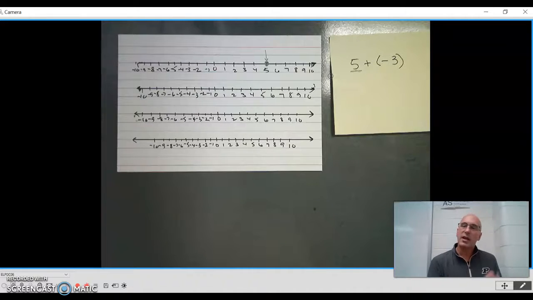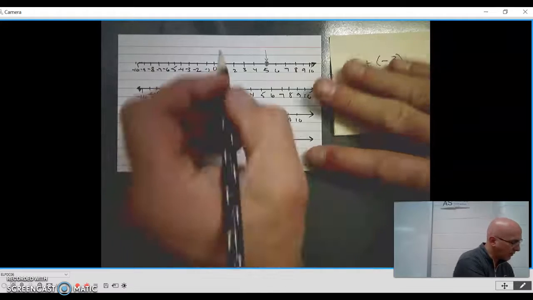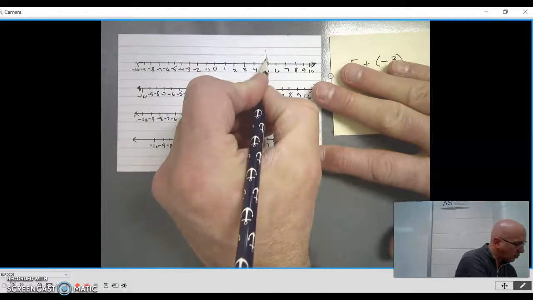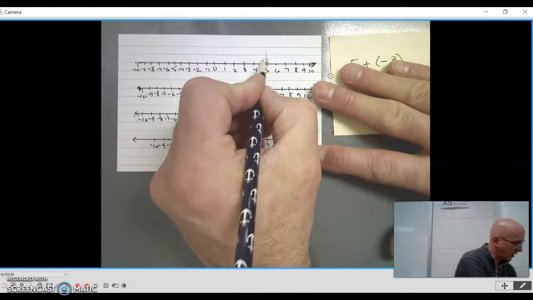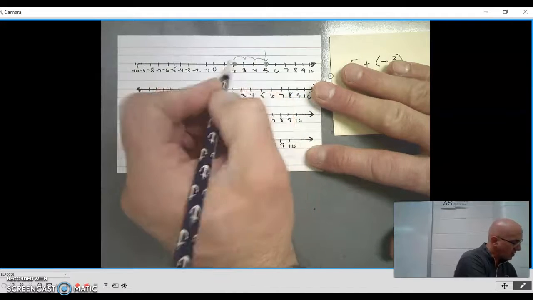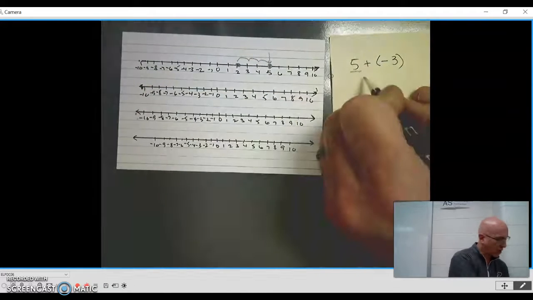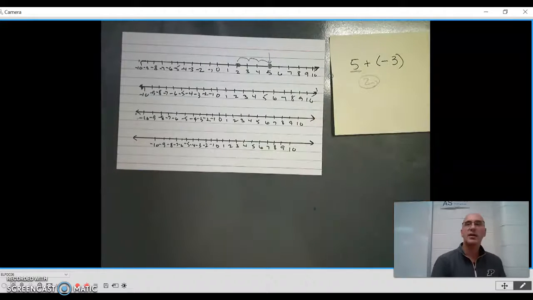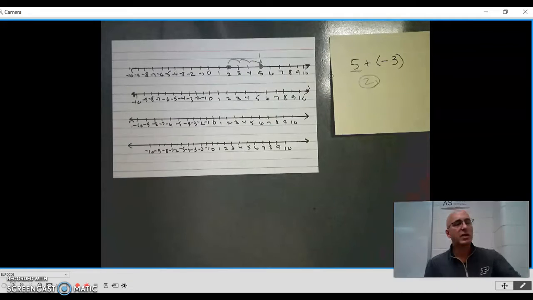So that means negative is moving to the left. So I am going to move 3 spaces to the left. 1, 2, 3. So I am ending up at 2. So 5 plus a negative 3 is 2. Okay. Let's do another one.